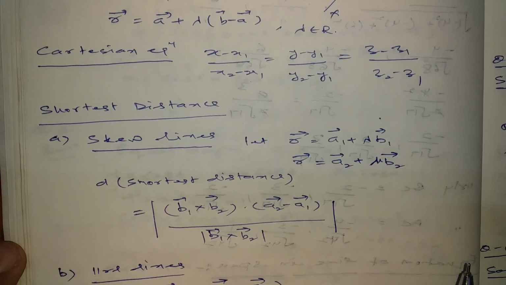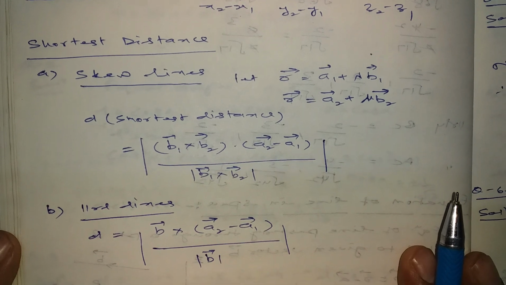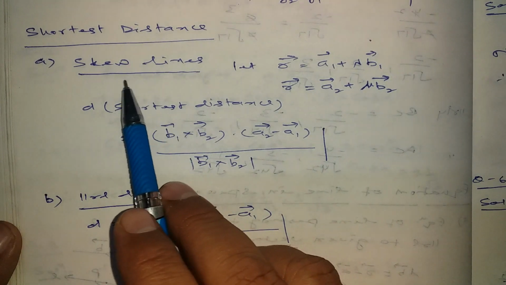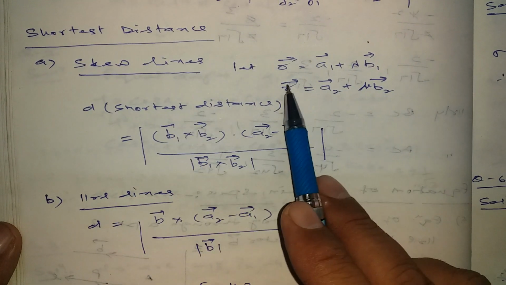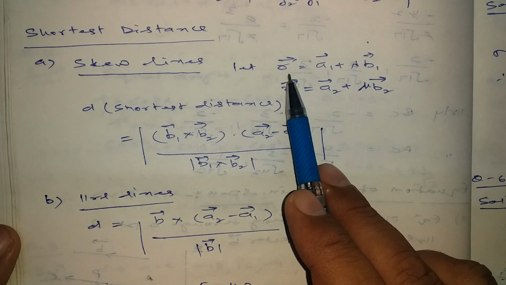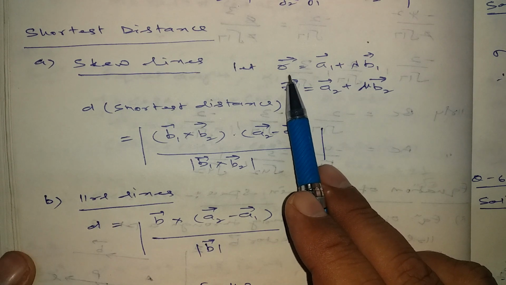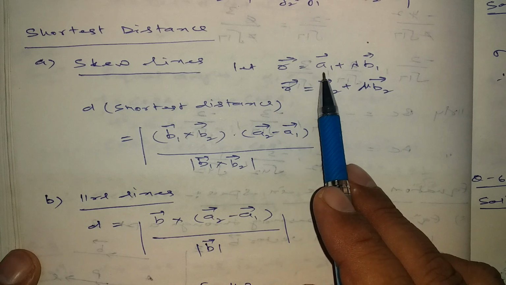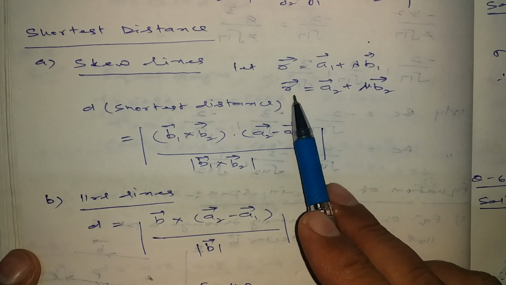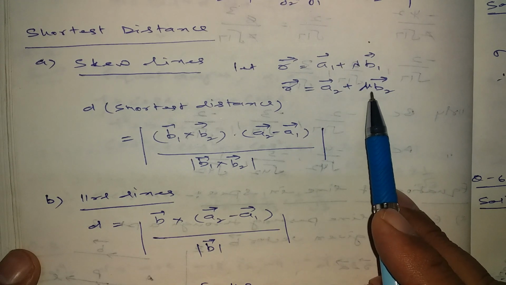So the next topic is shortest distance. This is very important. First is the shortest distance between skew lines. We are having 2 lines: one is r vector equals a1 plus lambda b1, the other is r vector equals a2 plus mu b2.